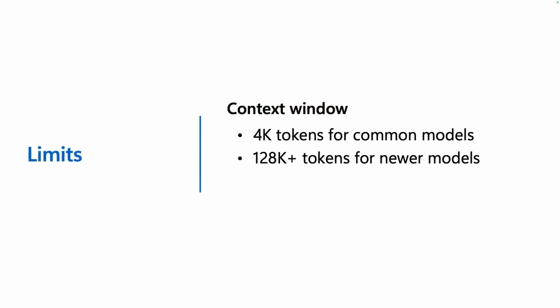Now let's talk a bit about the limits. LLMs currently only have a limited amount of tokens that you can use to define the context of your prompts. This is basically how much text you can use as input. AI models commonly use 2,000 to 4,000 tokens as their context window, which fits about 3,000 words, or said otherwise, about 6 pages of a document.